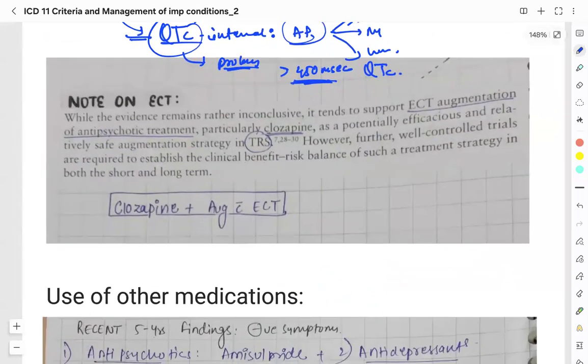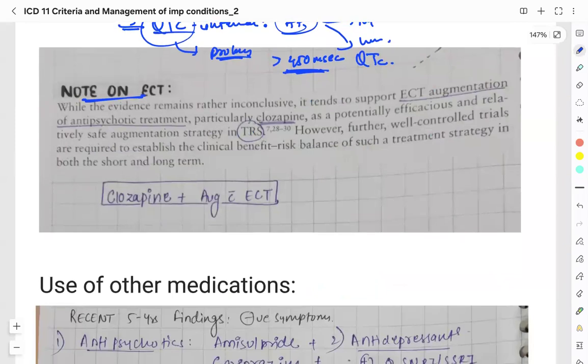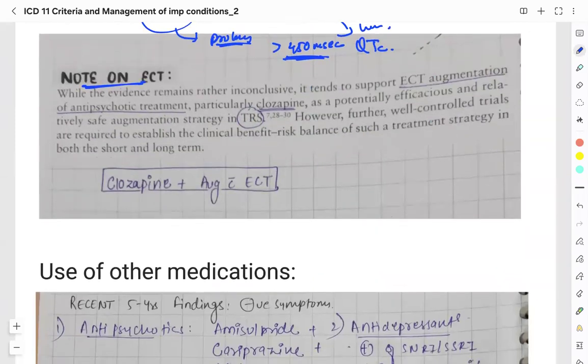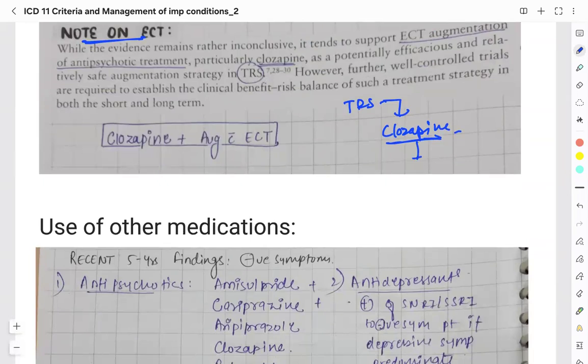Okay, so Maudsley also writes a note on ECT. In case of treatment resistant schizophrenia, you already started this patient on clozapine, and you checked clozapine after, let's say, 2 to 3 weeks, and it is still not working.